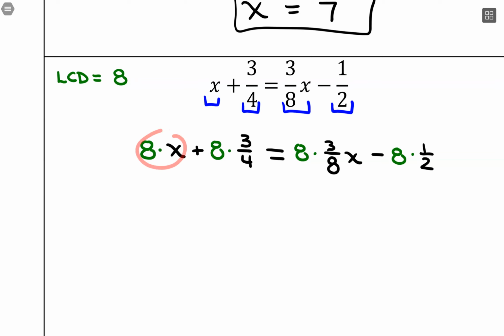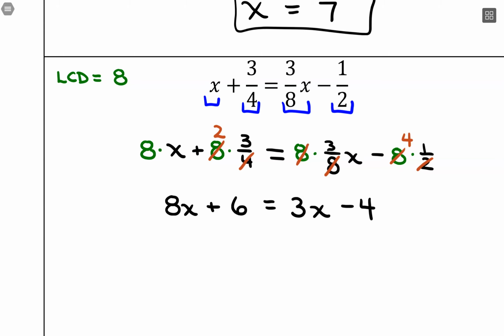So 8 times x is just going to be 8x. 8 times 3/4, so to simplify down, 8 divided by 4 will leave us with 2. So we have a 2 times 3 there, so this will be a plus 2 times 3 is 6, equals 8 times 3/8, those 8s will cancel, so we'll just have that 3 left over with the x. And then 8 times 1/2 will leave us with a 4, so that'll be minus 4.